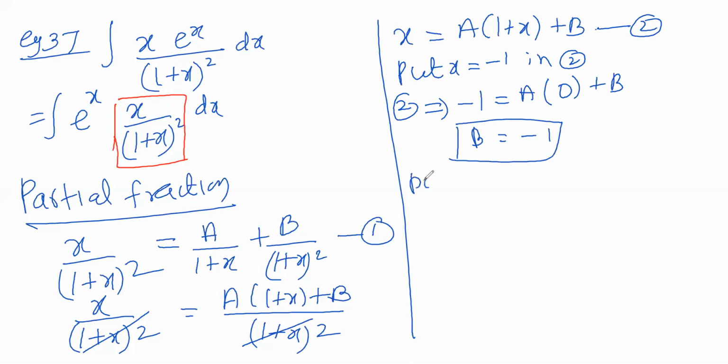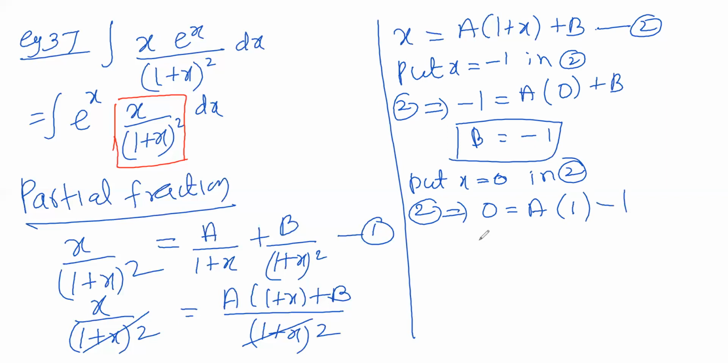Now substitute x is equal to 0 in equation 2. The left hand side is 0, which is equal to a into 1 plus 0, then b is minus 1. So we get 0 is equal to a minus 1. From this we get the value of a as 1.